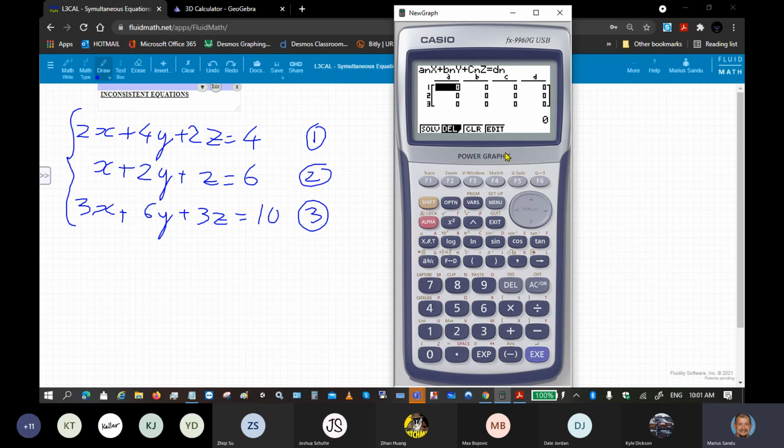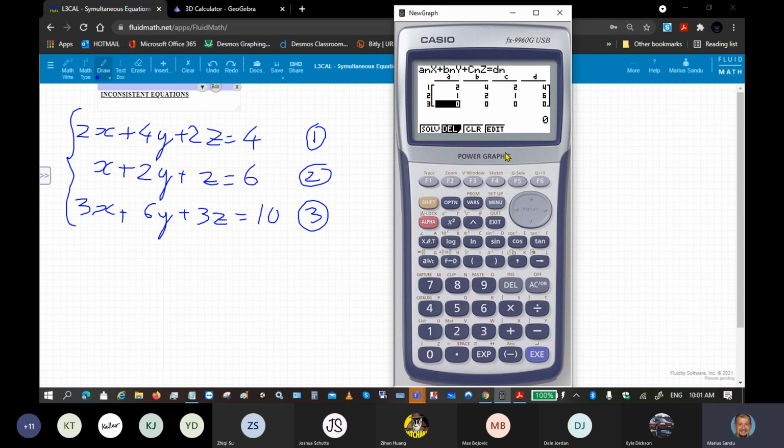And our coefficients here are for x, 2, for y is 4 in the first equation, for z is 2, and then the constant term is 4. Second equation, coefficient of x is 1, coefficient of y is 2, coefficient of z is 1, constant term is 6.